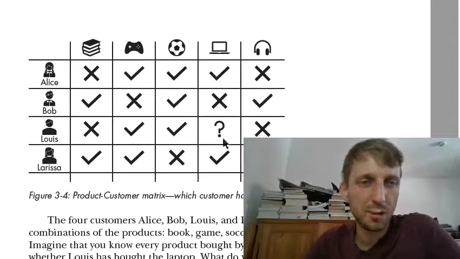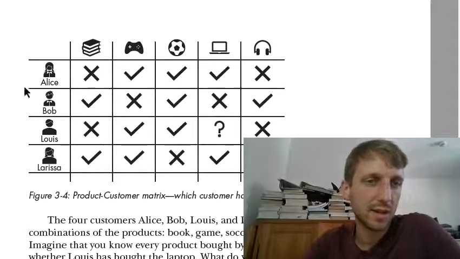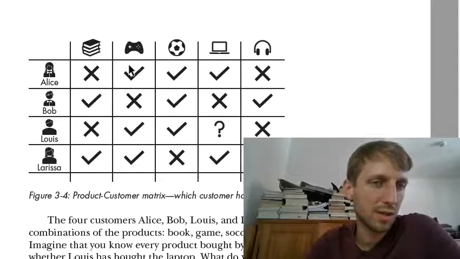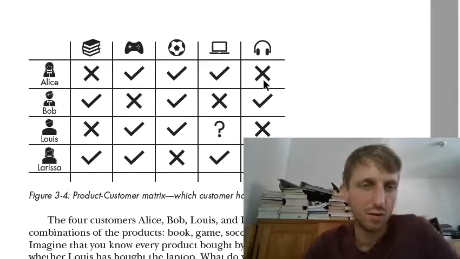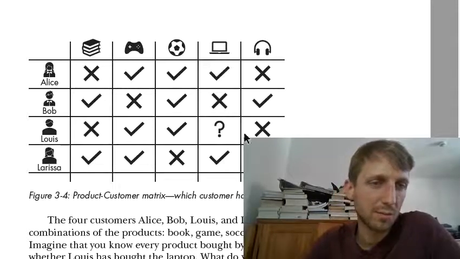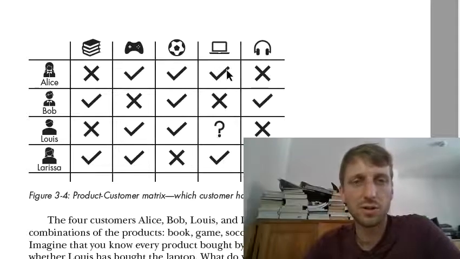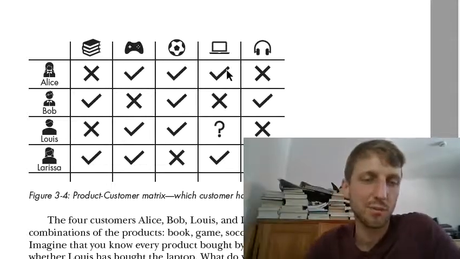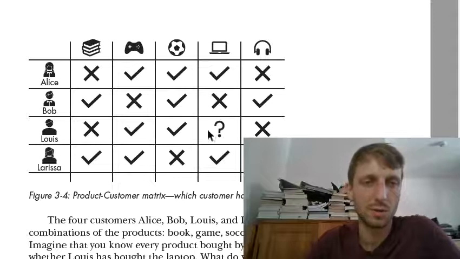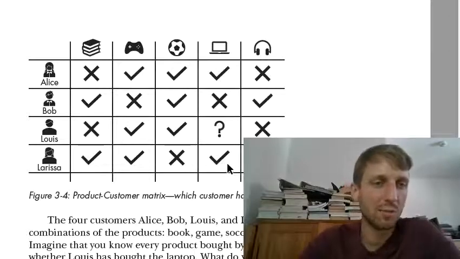Yeah, probably he will, because he has a very similar profile to Alice, and Alice didn't buy the book, but she bought the game and the football and the notebook, but she didn't buy the earphones, for example. So this is a very similar profile to Louis. So Louis probably also has a higher chance of buying the notebook as well. Okay, so therefore we will estimate he will buy the notebook.